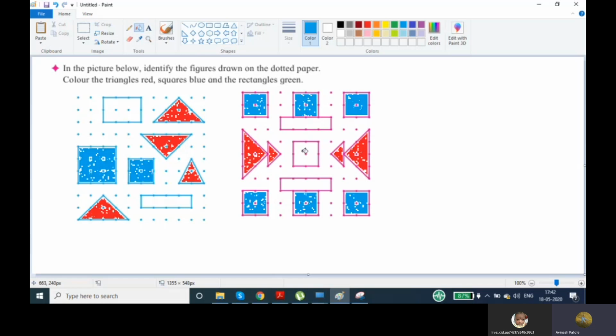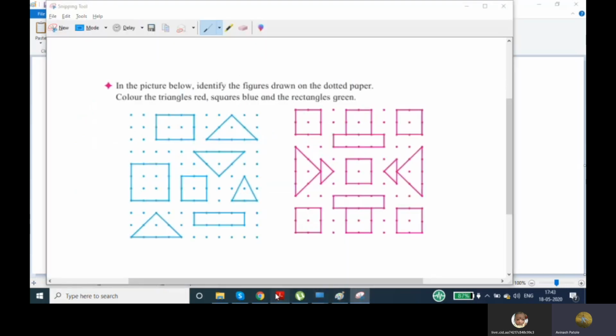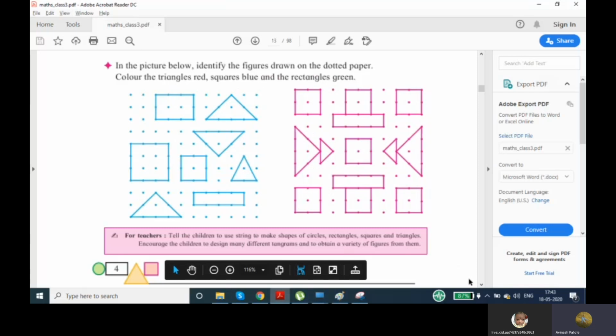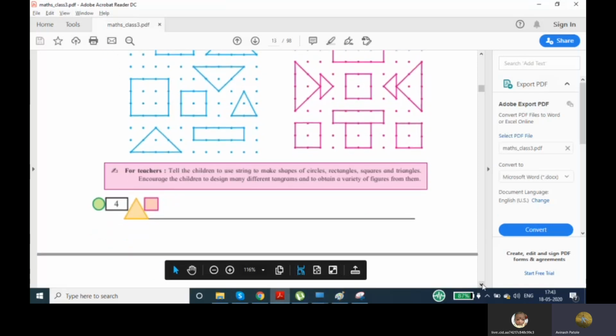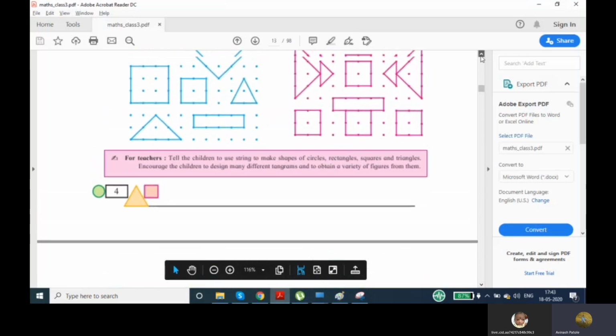So we are going to put color blue, and it says green, so we're going to select green, and we are going to put it into the rest, which are the rectangles. There we go. So we are done with this activity as well. We are going back to the book. Let us go further. Yes, we can see that we have completed the first lesson.